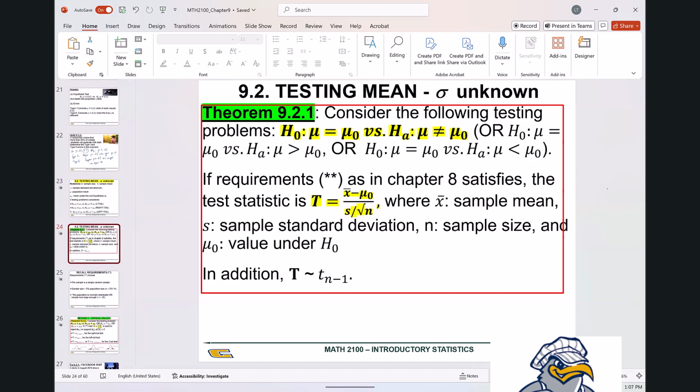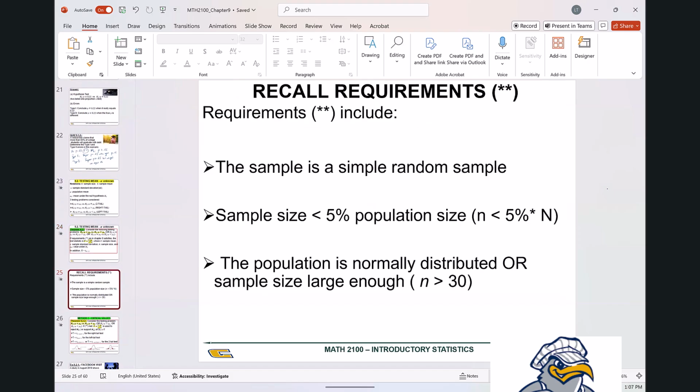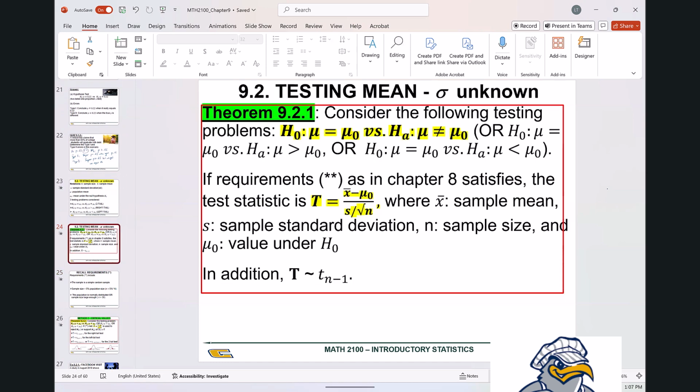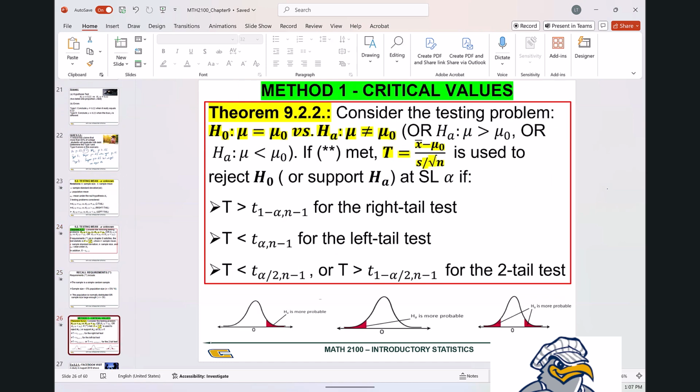So these are the 3 theorems. And there are some requirements, just repeating what we saw in chapter 8, right? Simple random sample, sample size less than 5% of population size, and it's normally distributed or you have a large enough sample. So from that, this theorem 9-1 gives us the decision when you use the critical value method.